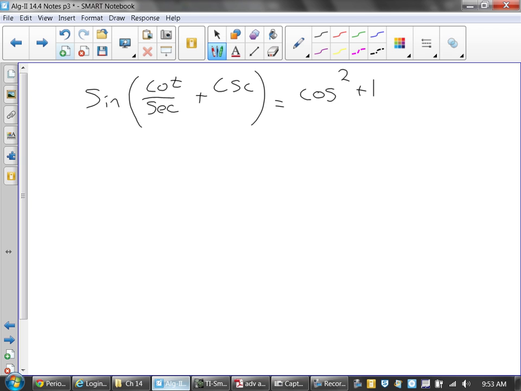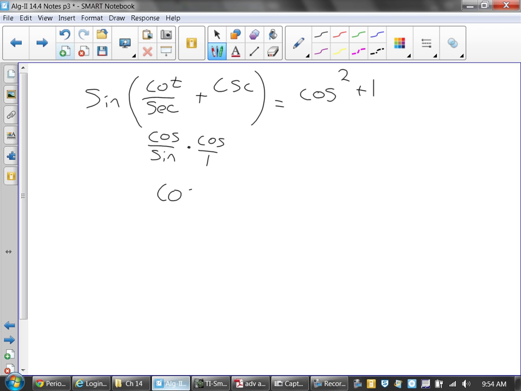When you're talking about verify, one of the easier things to do when you see parentheses is think about order of operations. Go inside the parentheses to take care of that right off the bat. And remember, in this case you've got cotangent, which is cosine over sine, and it's being divided by 1 over cosine, which is times cosine over 1.